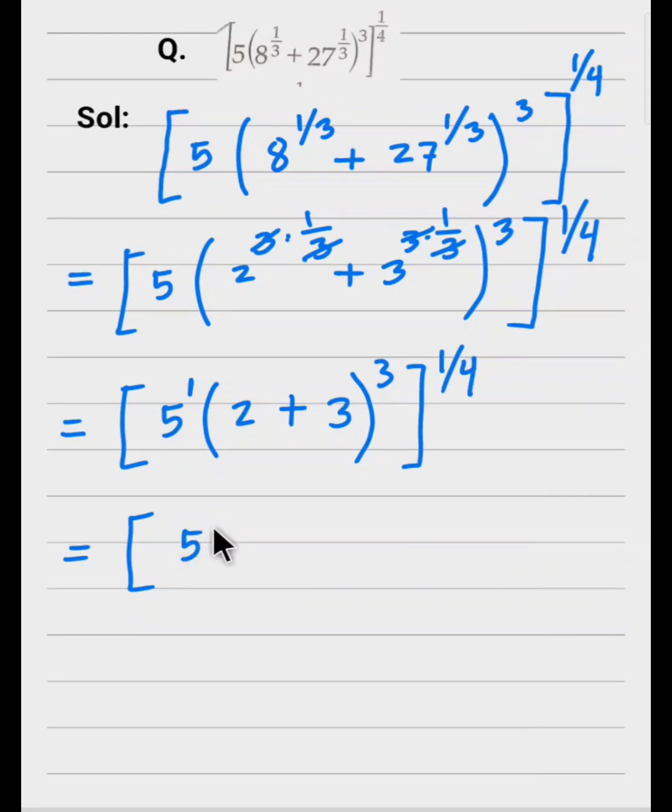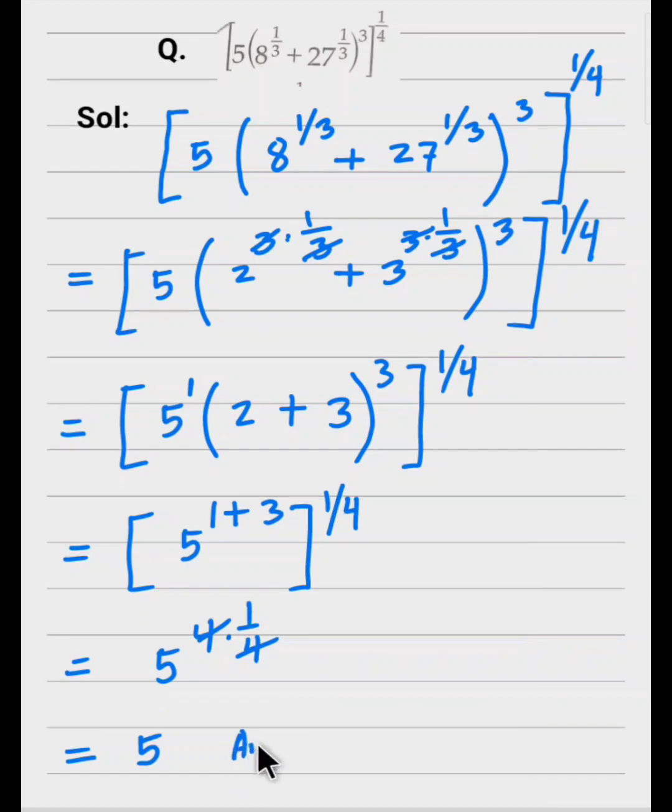You already know the powers get added if the base is similar. So 1 plus 3, and this would come 1 by 4. So now 5 to the power 4, and again the power will be multiplied, you already know. So it would come 5, right, because 4 cancelled out. So 5 is the answer. This is a very easy question.